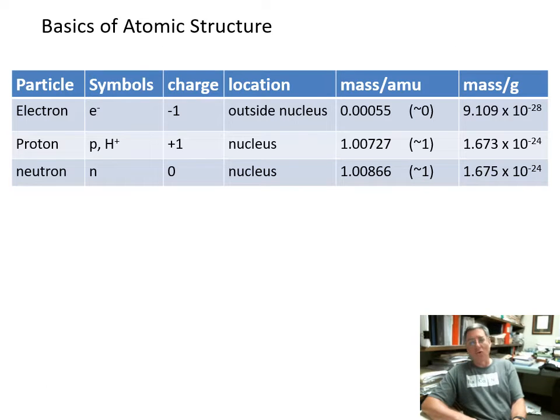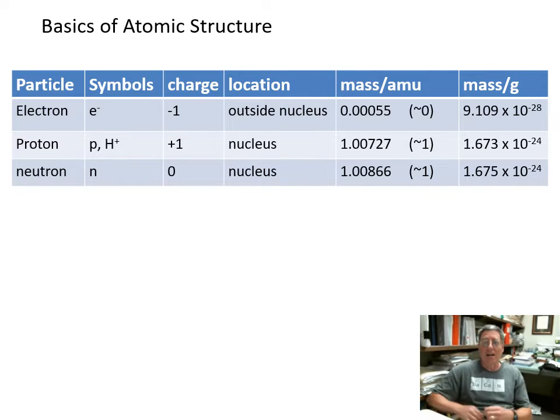All right. So what do we need to know about atomic structure? There's a table like this in your book. This is just my version of that. We need to know the names of the three particles: electron, proton, neutron.